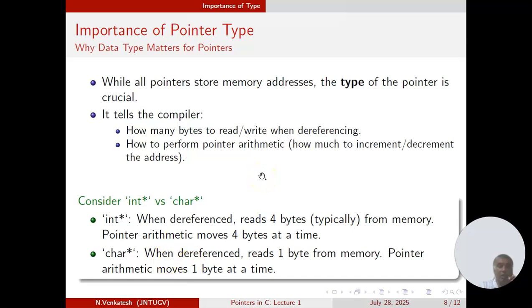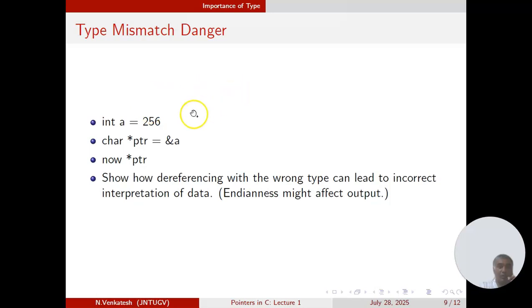Okay. Now, can you guess what happens when the type mismatches? Suppose int A equal to 256 is given and char star PTR equal to address of A. Here it's a character pointer but storing the starting address of an integer variable. When we do star PTR, it fetches only 1 byte.